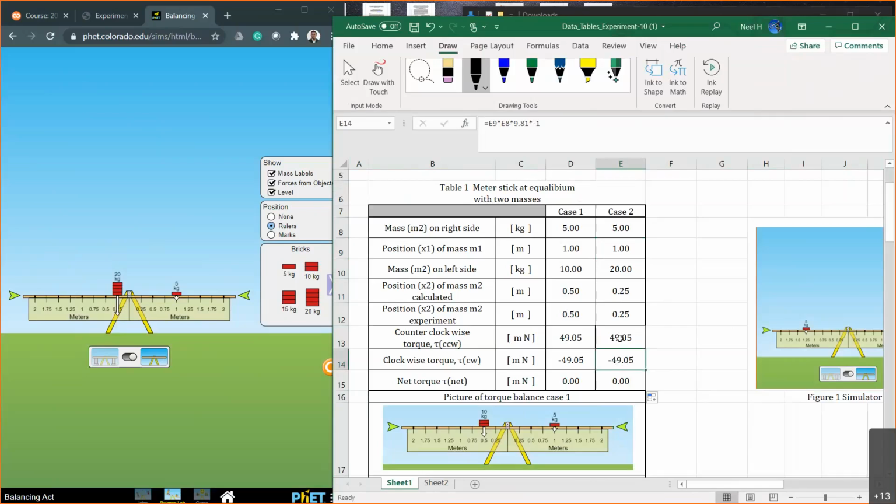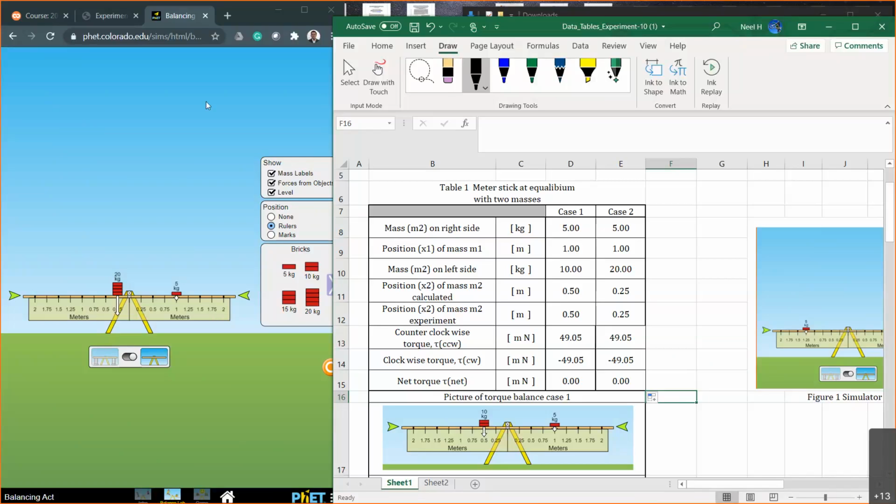And the counterclockwise should be positive, coming from the left hand side, okay? So if you do the calculation correctly for these three, click and drag, it will do the calculation automatically. Only the left hand side mass is different, mass and x2. That should give us the same number. Otherwise, the object should not be level at all.